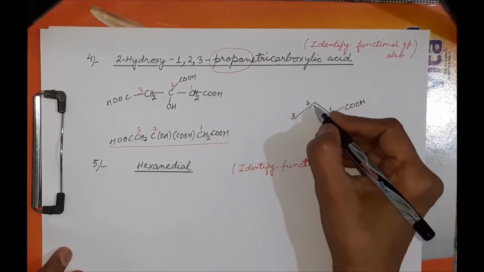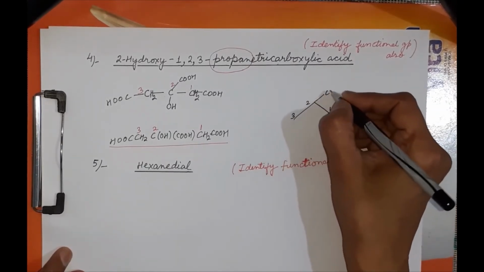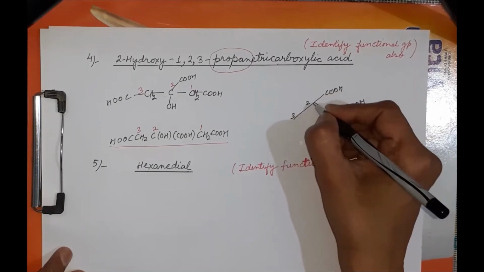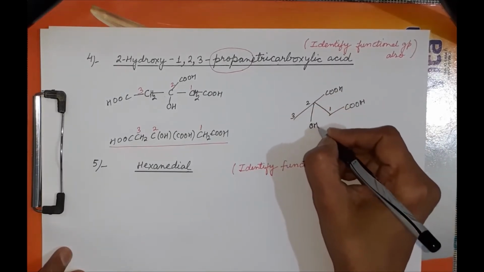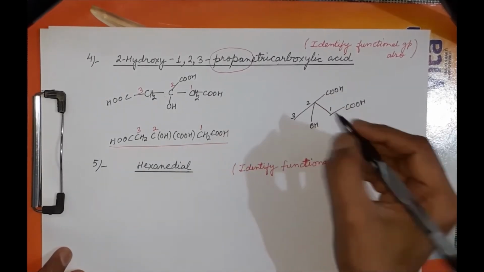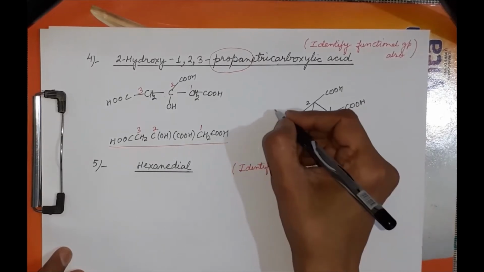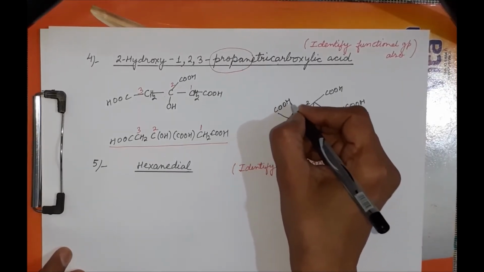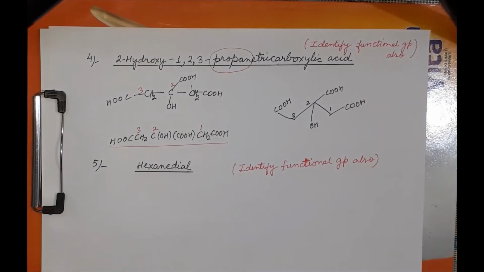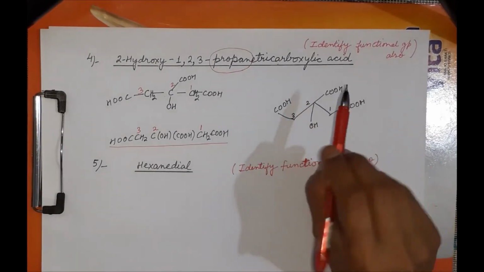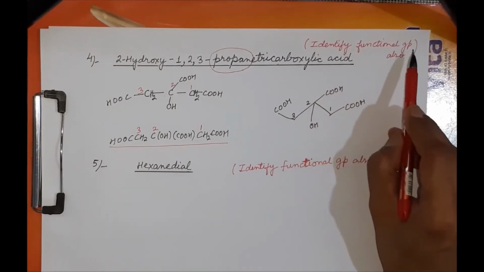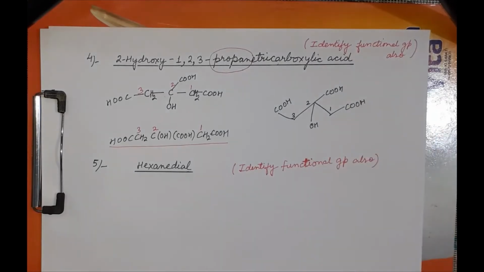The 2nd carbon has one COOH group and one OH group, so it will be represented like this. And C3 has one COOH group, so like this.